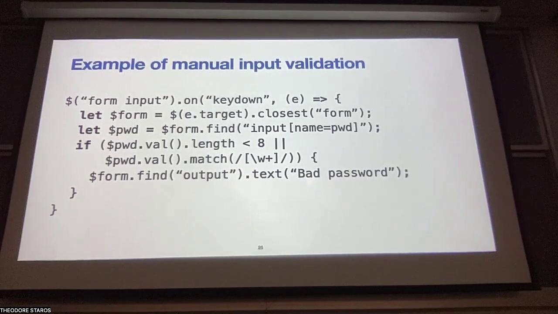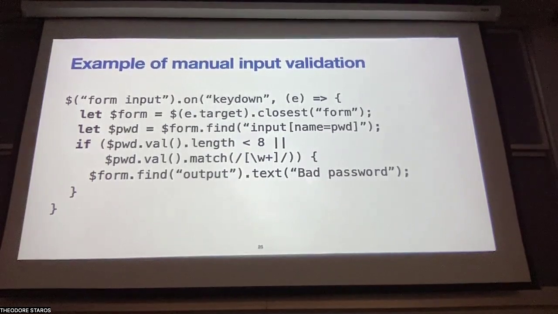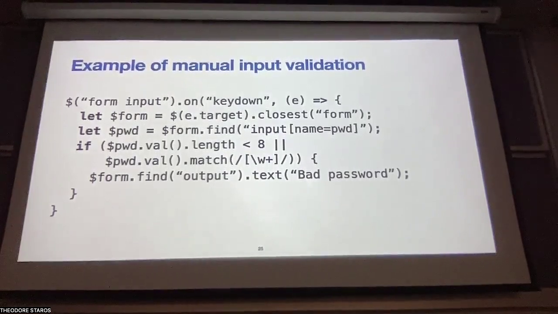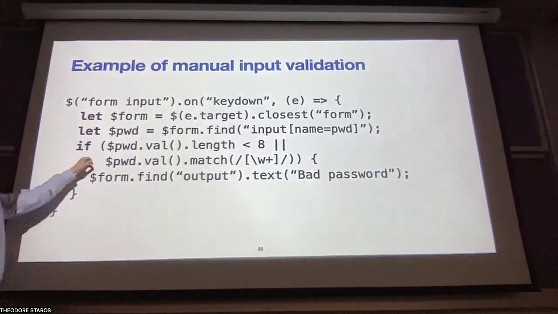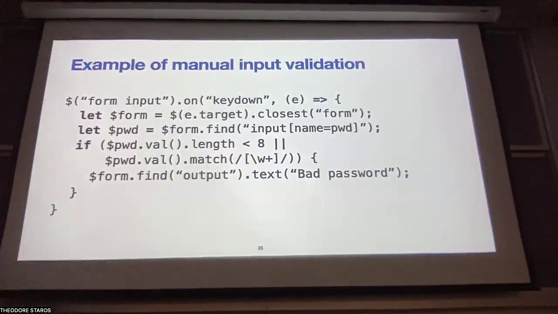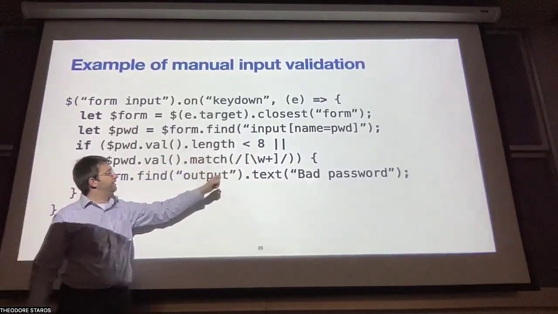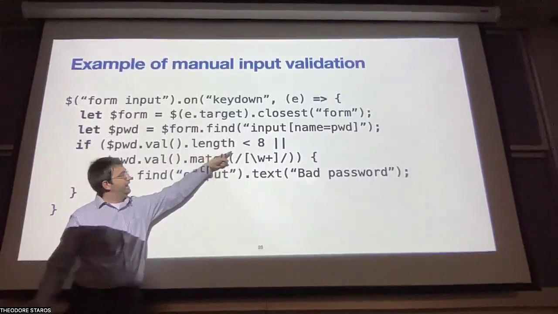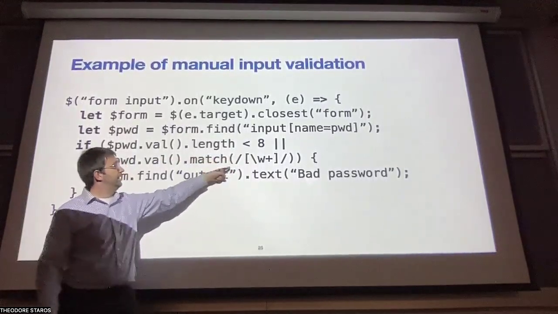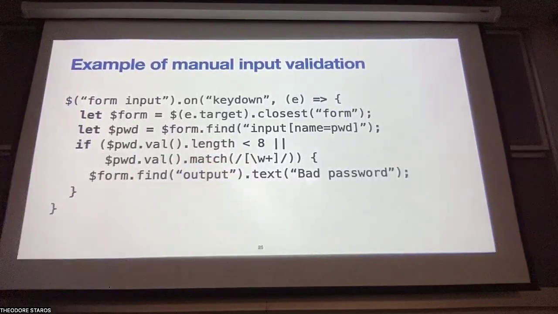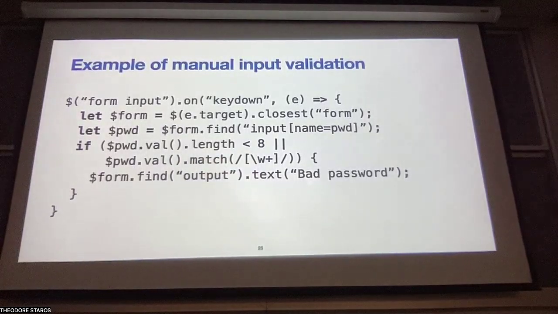So here I've got a somewhat complicated bit of JavaScript written, and the goal of this code is to check that your password satisfies certain requirements, namely that it is at least 8 characters long, and it's not all word characters, so all alphanumeric.